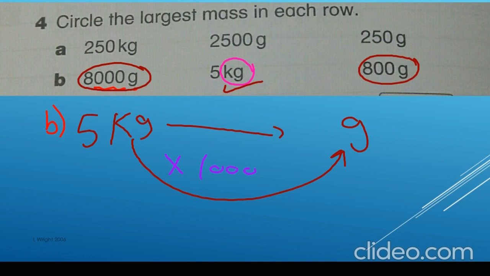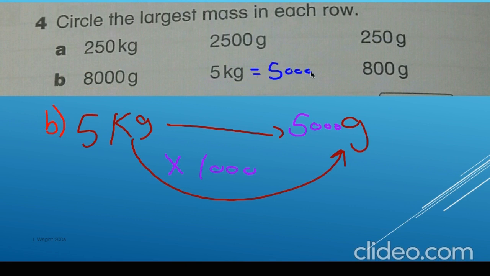Then the answer will be 5,000 gram. So let's write again the new values. Okay, so we transfer 5 kilograms equal 5,000 grams.